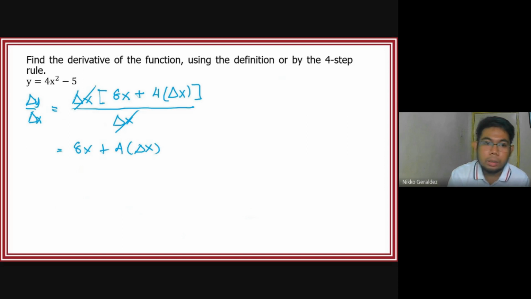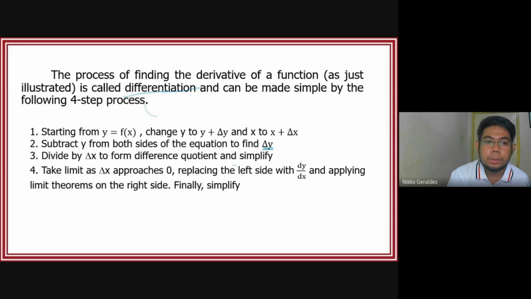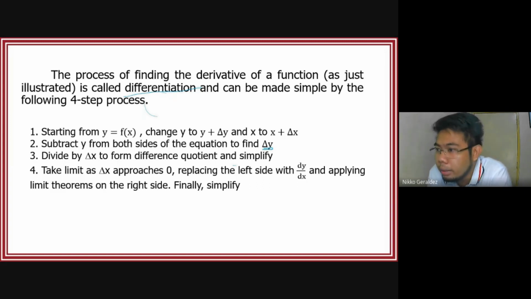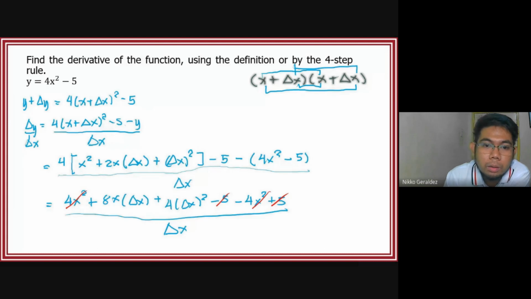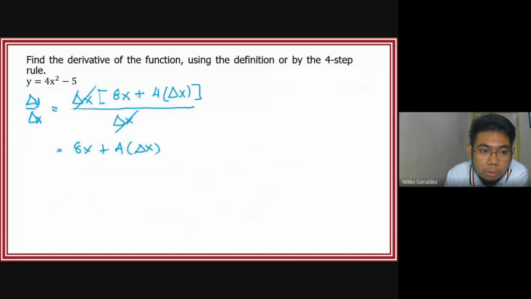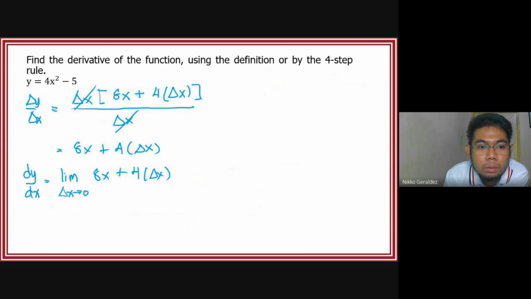Step 4. What does step 4 say? Take the limit as delta x approaches 0, and replace the left side with dy over dx. So dy over dx is equal to the limit of 8x plus 4 times delta x as delta x approaches 0.